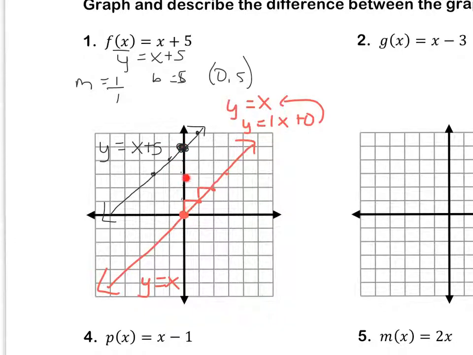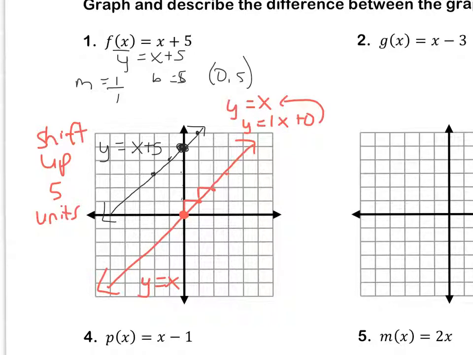It is shifted up, and the reason we know that is because the y-intercept says plus 5. So that means we've shifted this line up. That's what you write down: shift up 5 units. That's how you would write the difference in the two graphs.